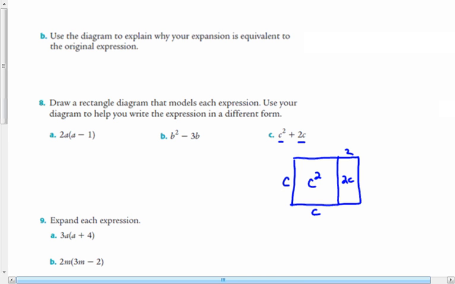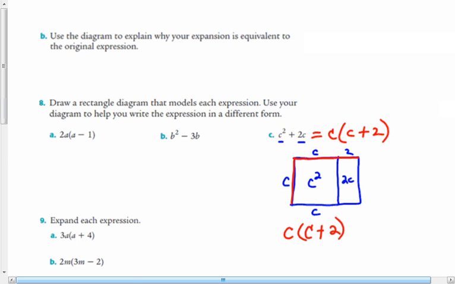Now, another way I could write that is by looking at the dimensions, the length and the width. So remember, this is c. So this distance from here, I'll do this in red, from there to there is 2 more than c. So c plus 2. And then I'm going to multiply that by my width, this distance, which is just c. So this is equal to c times the quantity c plus 2.